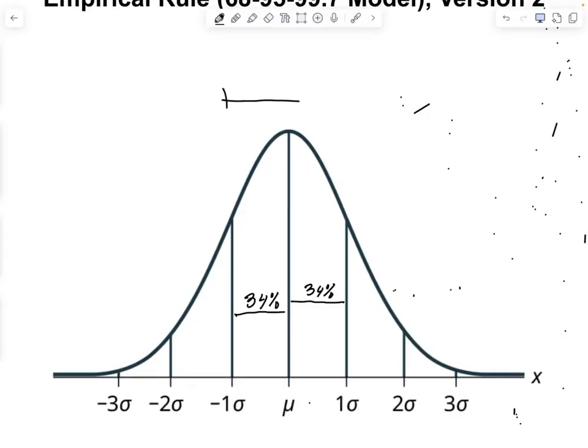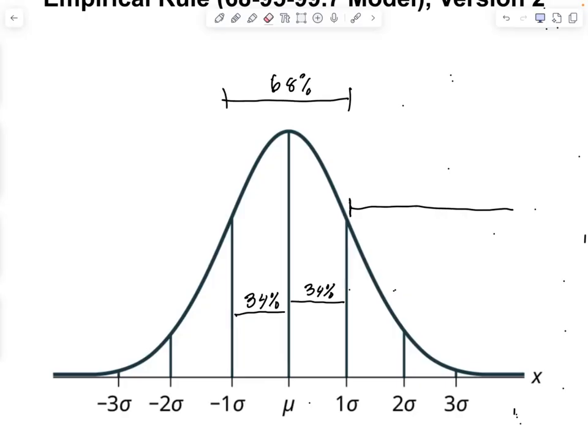Make sure you're copying this down. So how much total area is there? What is the everything? What percentage would everything be? 100%. Okay.